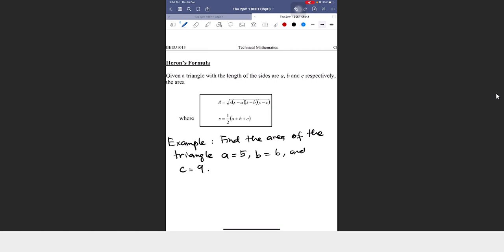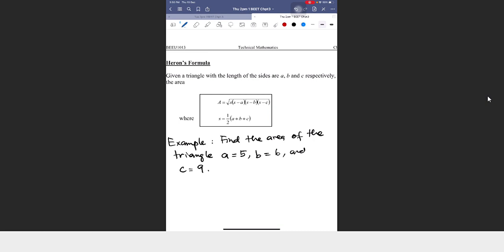If you want to use half AB sine C, you have to find the angle. It can be done because you have all the 3 sides. Just now we had case 4, where you use the law of cosine to find the angle. Once you get the angle, only then you use half AB sine C. But the angle must be the included angle.